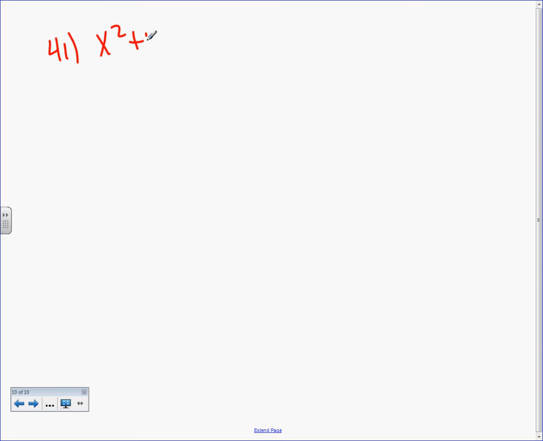41. X squared plus 13 equals 17. Why is this one different than the other ones? It's not equal to 0, right? So let's go ahead and do that. It's going to be x squared minus 4 equals 0. How's that factor? What's that called? Difference of squares. So how's that factor?